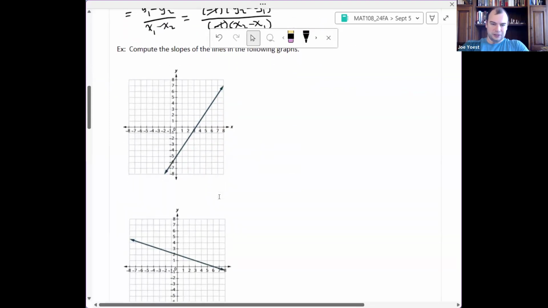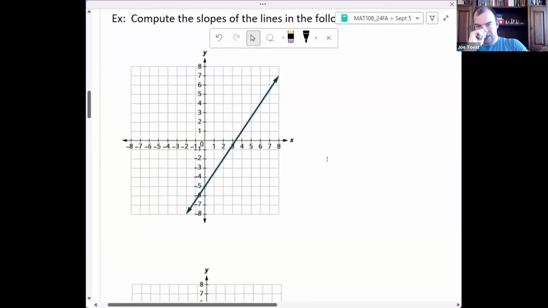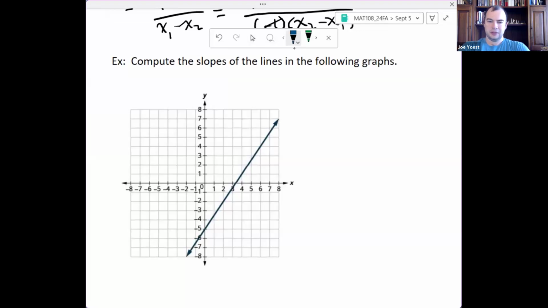Okay, so let's take a look at these two graphs. Let me blow these up a little bit so you can see them better on your screen. We want to compute the slopes of these lines. When I'm given a graph like this, I have to make an assumption that if it looks like the line goes through an integer point, like this, maybe 4, 1, I'm going to assume that it actually does.